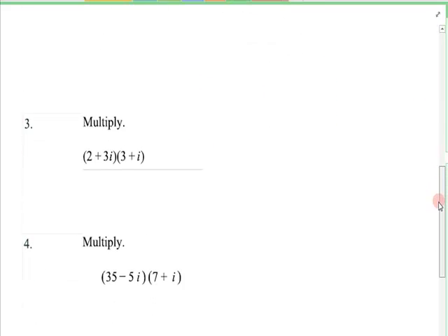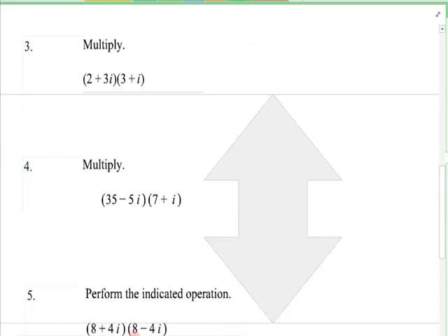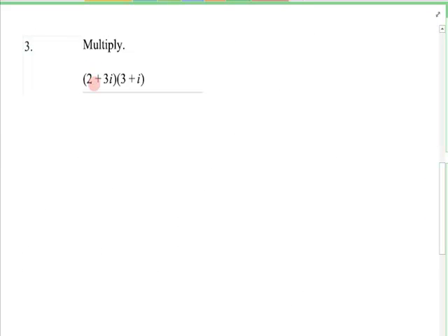Let's look at number 3. This time I have 2 terms times 2 terms, and I need to do this with the FOIL process. So I'll go ahead and write it out this time. First, I have 2 times 3, which is 6.